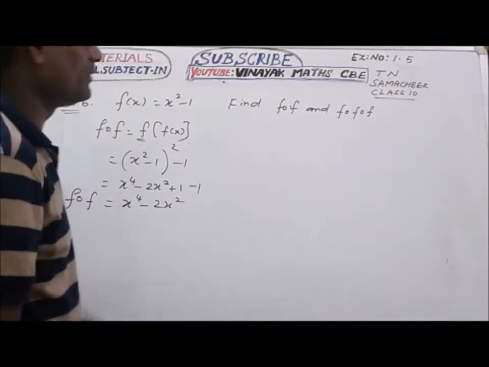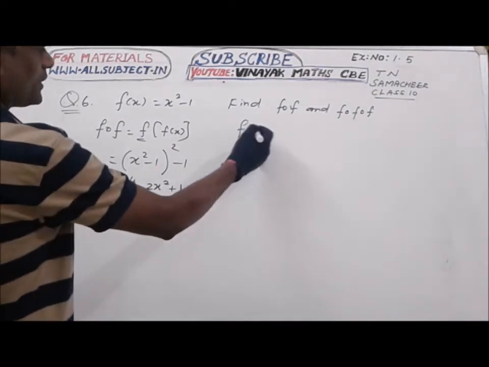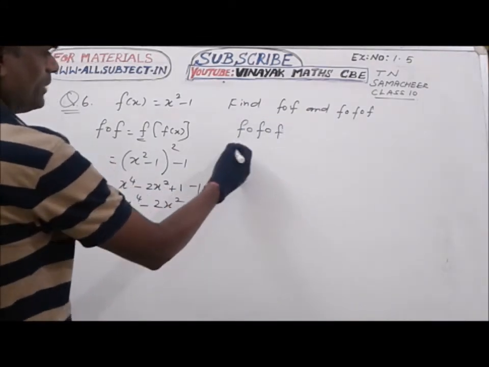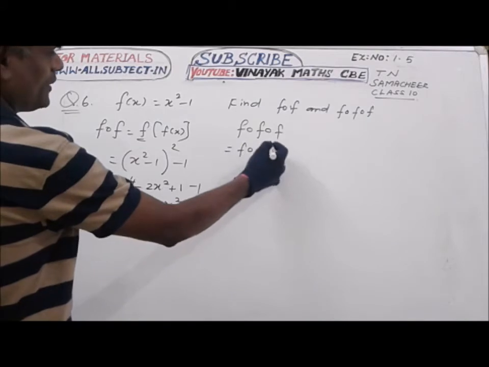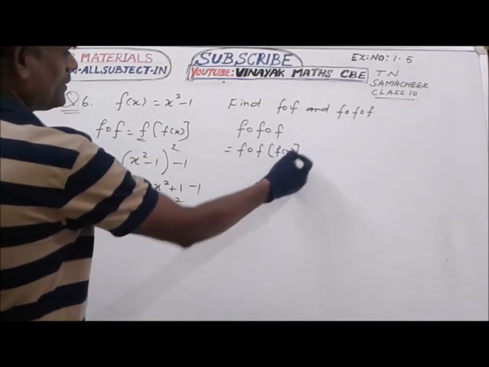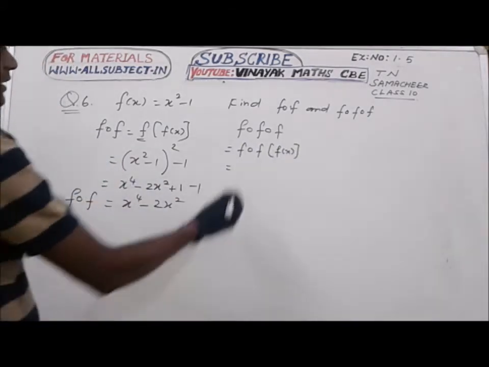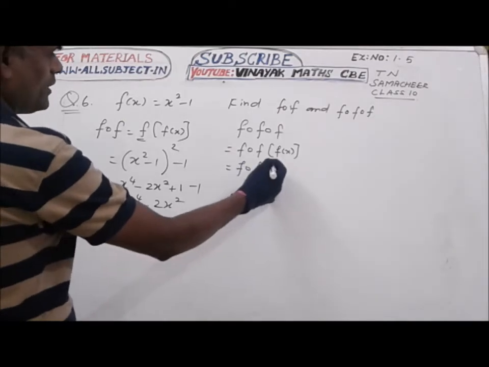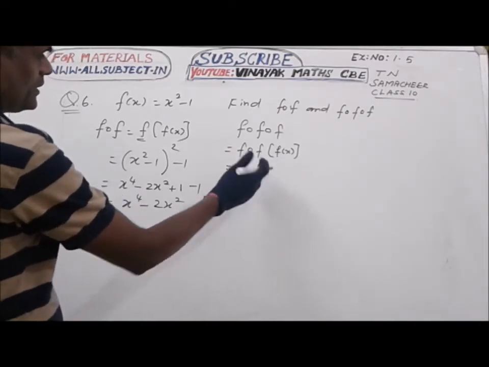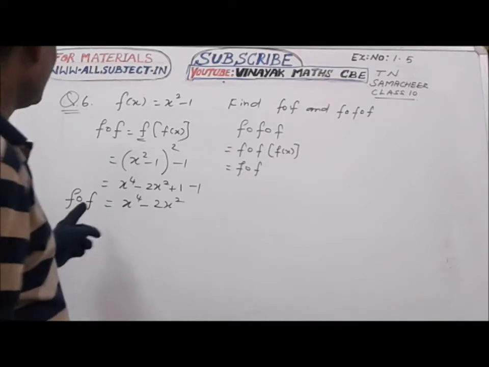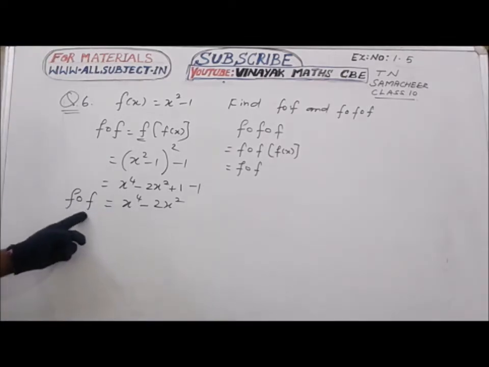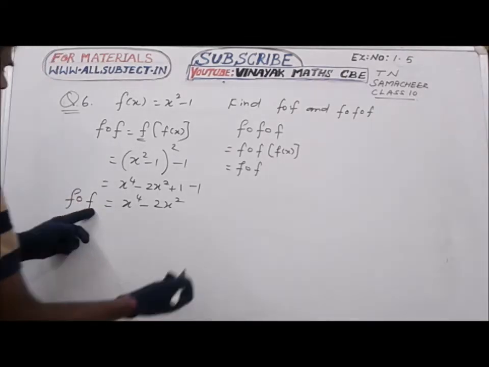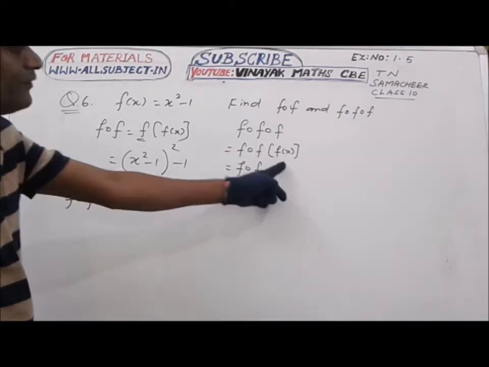Now we are moving to find f composition f composition f. This means f composition f composition f of x, which is equal to f composition f of f of x. Listen carefully here. This is f composition f of x. In this answer, we are replacing all x by f of x.